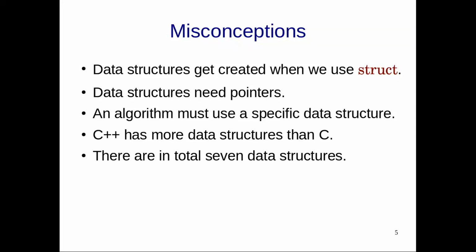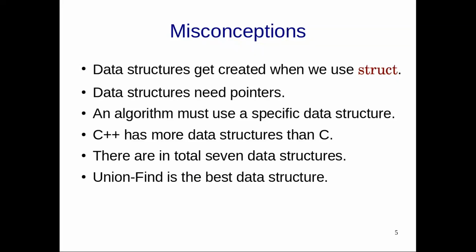That's possible. And then, union find is the best data structure? There is no such thing as a monolithic best data structure. Depending upon your application, depending upon your algorithm, you might use different kinds of data structures, and different data structures are good in different situations, and therefore there is no such thing as a best data structure.